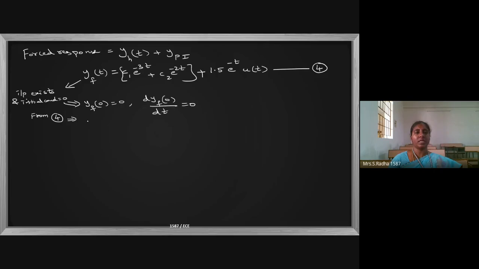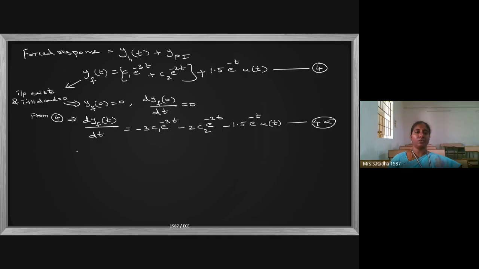I will just differentiate dyf by dt. What will happen? Minus 3 c1 e power minus 3t minus 2 c2 e power minus 2t, and here the derivative is minus 1.5 e power minus t u of t. This will be equation 4a.